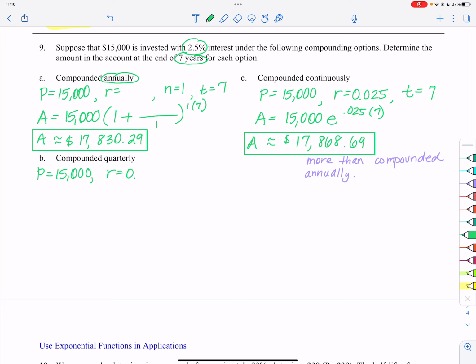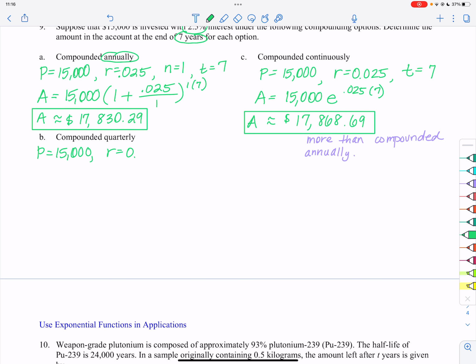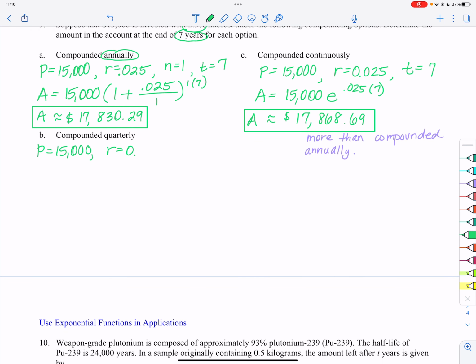I think my calculations are correct. That's better, and I had it correct over in the other problem. And n is equal to 4 and t is equal to 7.